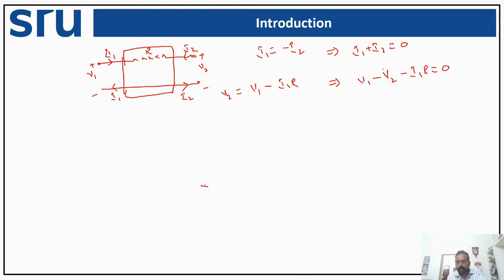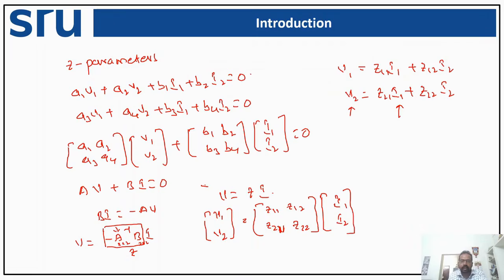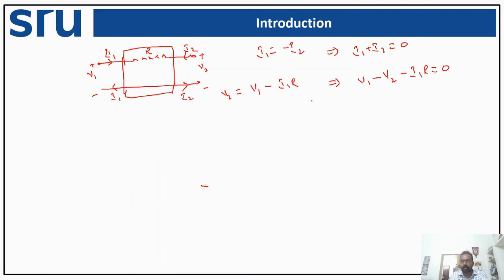If we write these two equations in the generalized format, it is 0 into V1 plus 0 into V2 plus 1 into I1 plus 1 into I2 equal to 0, and 1 V1 minus 1 V2 minus R I1 plus 0 into I2 equal to 0.